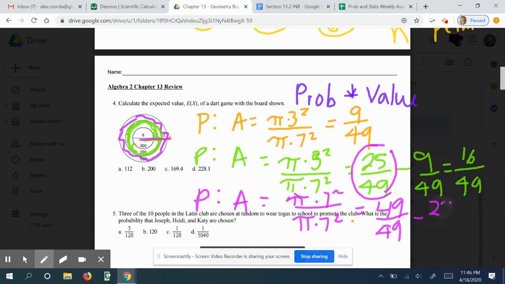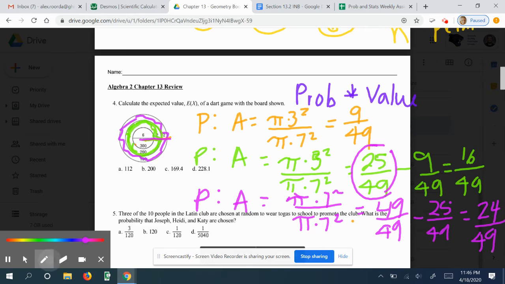So minus 25 out of 49. And so that's a total of 24 over 49. Now if you added them up, 24 plus 16 would be 40, plus 9 would be 49. So those are the probabilities.